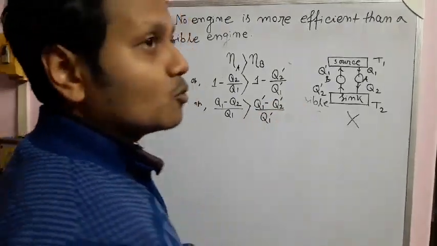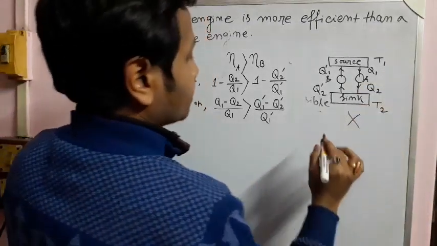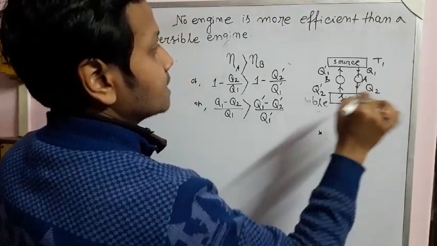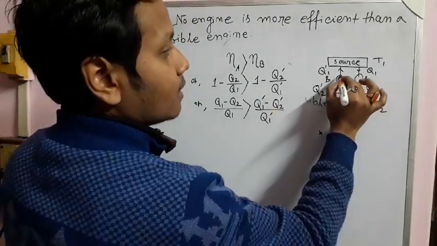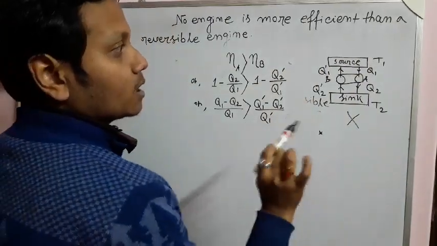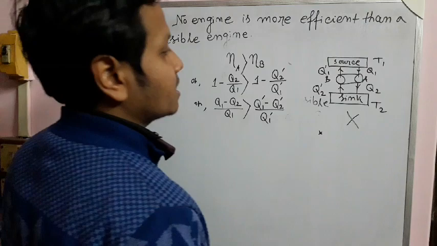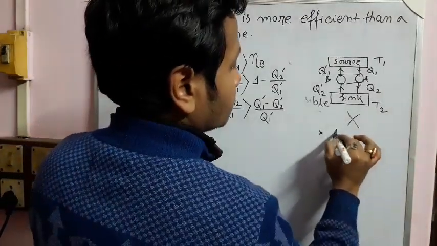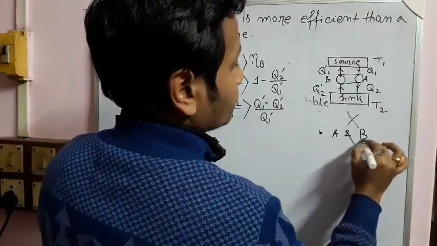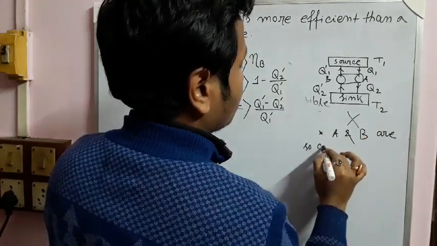Now we have to consider the second assumption. Our second assumption is that the engines A and B are so coupled that the work done during each cycle for the two engines is the same. This is also another assumption we have to consider.